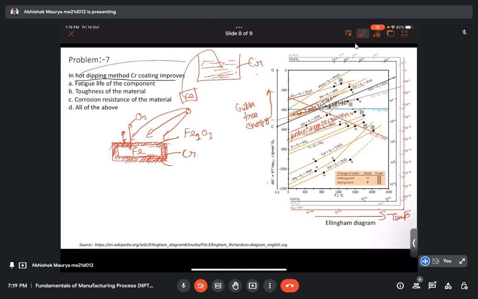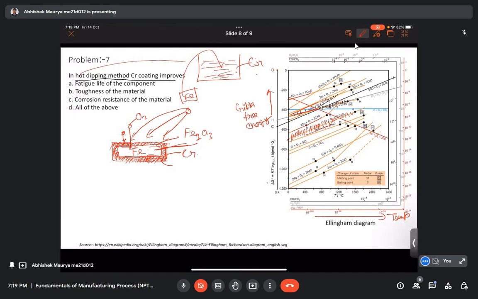So it will provide a shield to the iron, so that no oxygen could come and it would not react with the ferrous, and therefore its corrosion properties get improved.